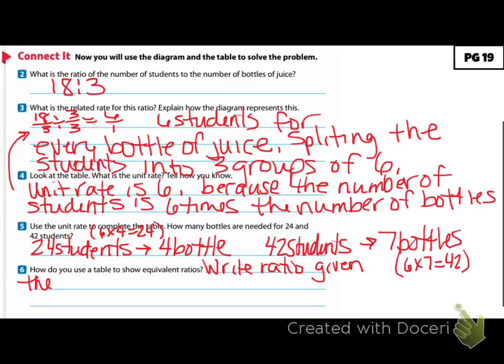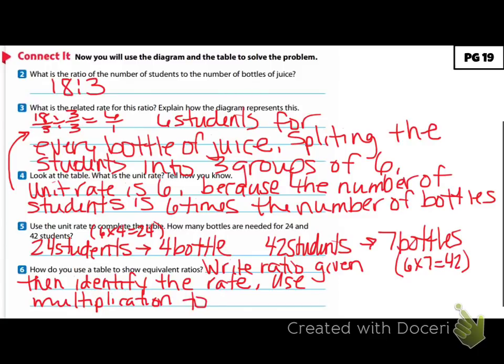Then identify the rate, and then we use multiplication to find equivalent ratios.